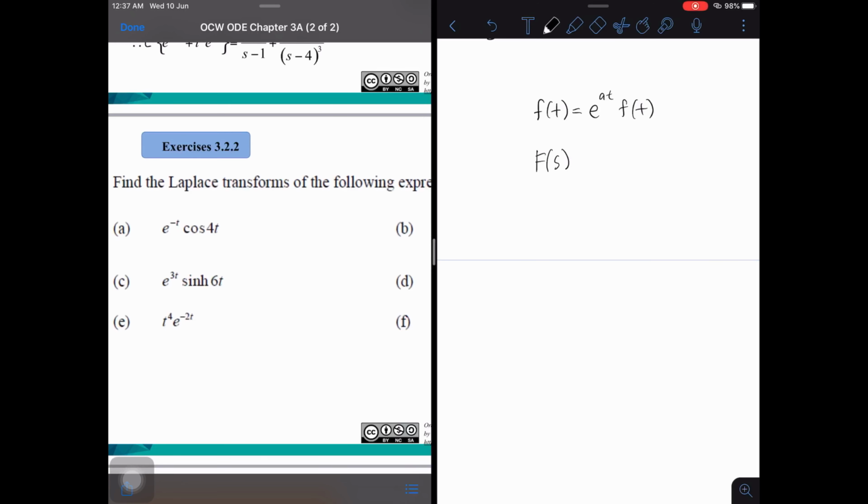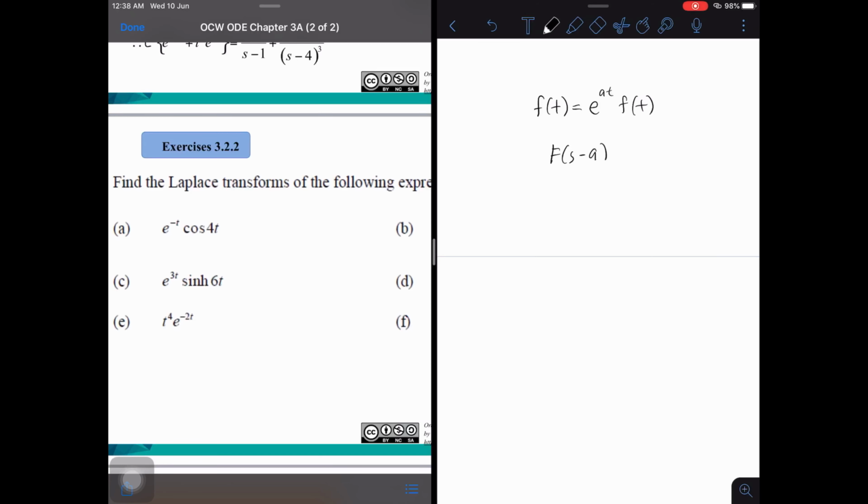the first shift theorem, where the first shift theorem tells us that to find the Laplace transformation, what you will have here is F(s minus a).